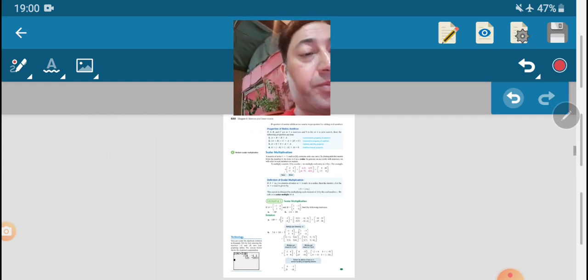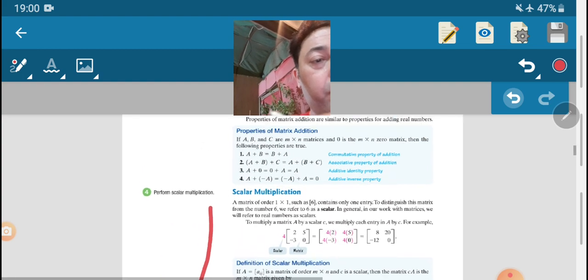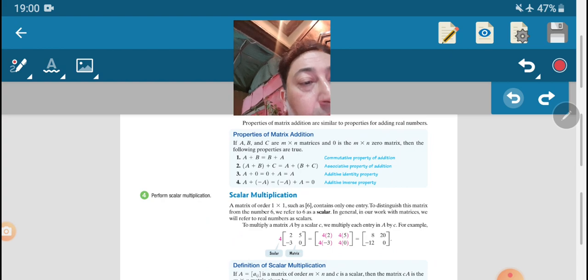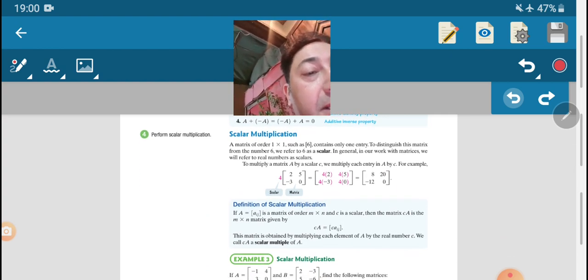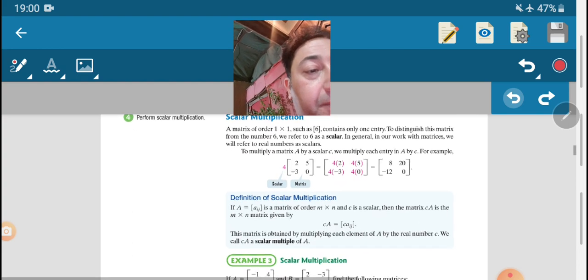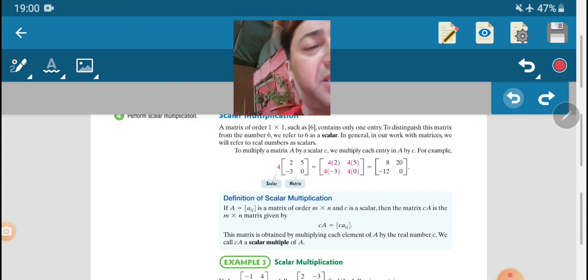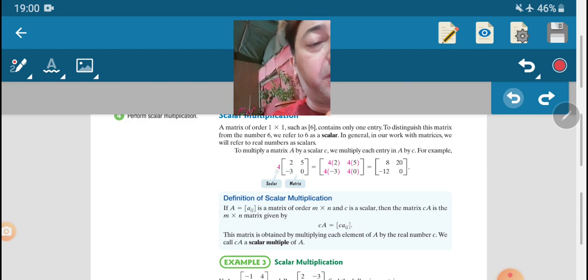And now, if you want to do scalar multiplication, a number, a scalar value, multiplied by a matrix which contains any number of elements, you're going to use the distributive property.